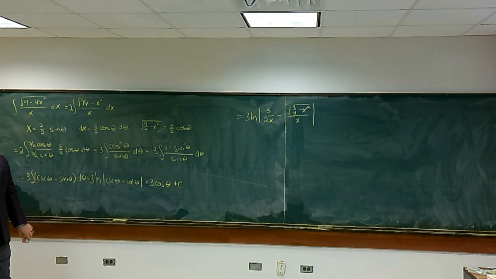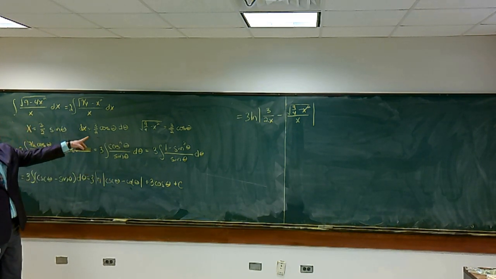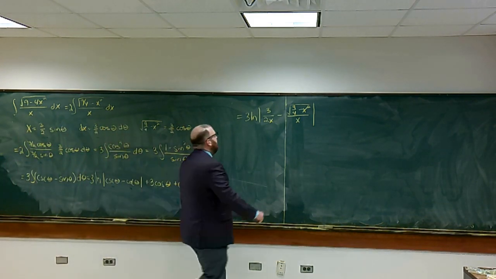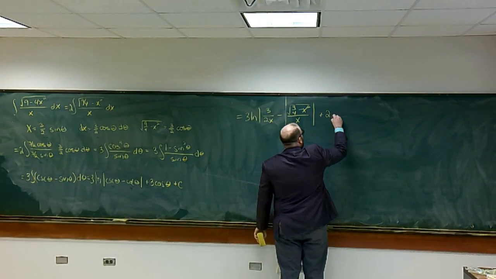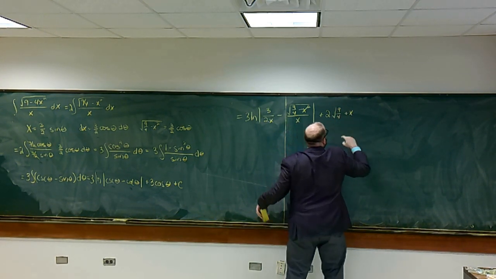So there's cotangent. And we know what cosine is: 2/3 of that square root. Times 3 is going to be 2. Not plus.